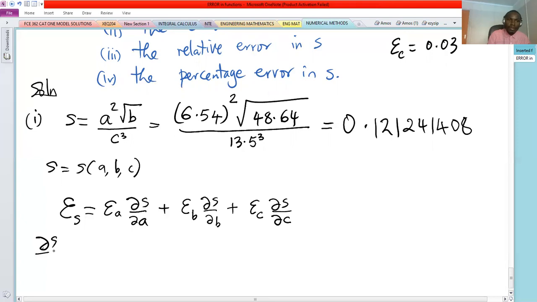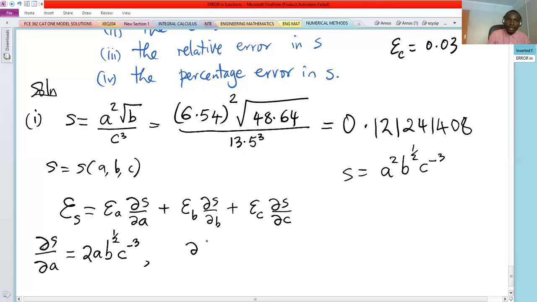So partial S, partial A, this is our S function. So remember, S can just be written as A squared, B power half, and then C power negative 3. This is the same way of writing S. So using partial derivatives, I will have 2A B power half, C power negative 3.